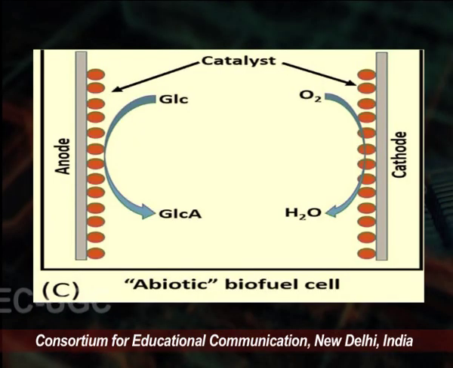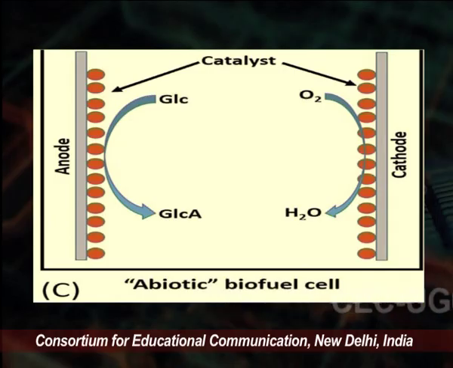The use of inorganic catalyst for oxidizing biomolecules is rather trivial, but the challenge is the low specificity of the catalytic activity. Now, you see on the screen what we have. Here we have the catalyst. These are the anode and cathode, and you can see there is a nanoparticle coating on the wall of the anode and cathode.